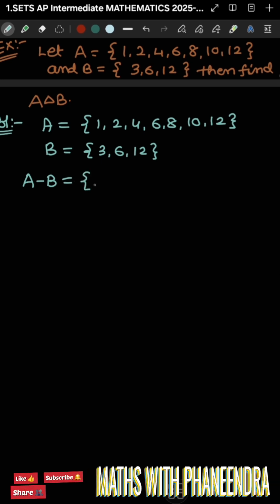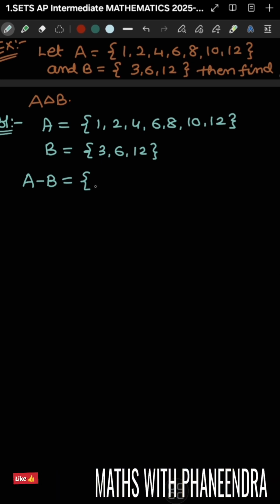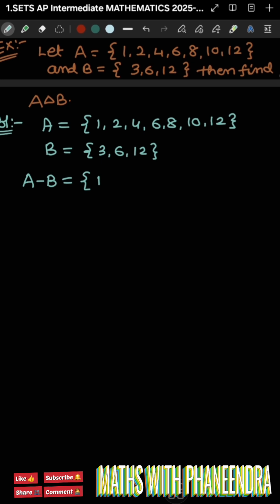The elements which are present in A and not present in B. So 1, 2, 4 we can write, 6 is there in B so no need to write. 8, 10 also we can write, but 12 no, we cannot write. Why? Because it is there in B.